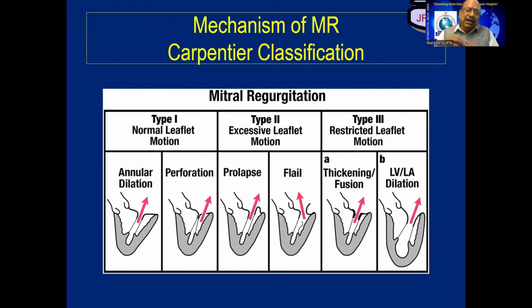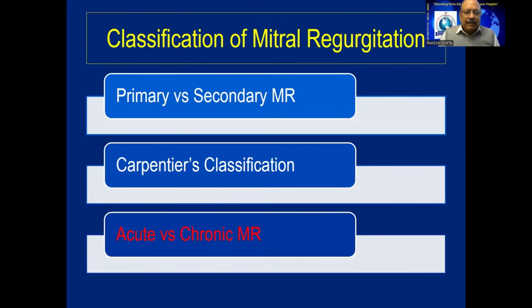Long, thin, elongated leaflet, more than 27 millimeter in size. And when they flail, the body will prolapse or the leaflet will prolapse. Whenever we have a diagnosis, I always ask whether my patient of MR belongs to type 1, type 2, type 3. How do I remember? Normal versus restrictive, and the second one is excessive leaflet movement.